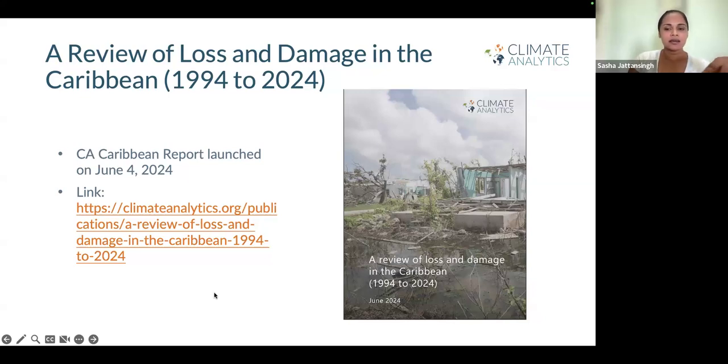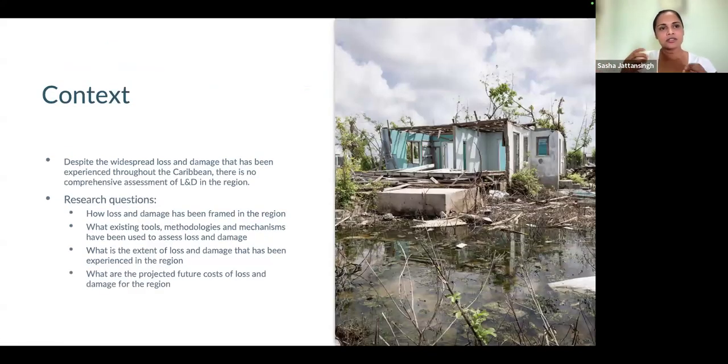I put the link, and it was really a systematic overview of how loss and damage was defined, how it was measured, how Caribbean countries estimated loss and damage costs, and what the loss and damage finance needs were as well. So I think it's quite useful, and I definitely encourage you to read it.